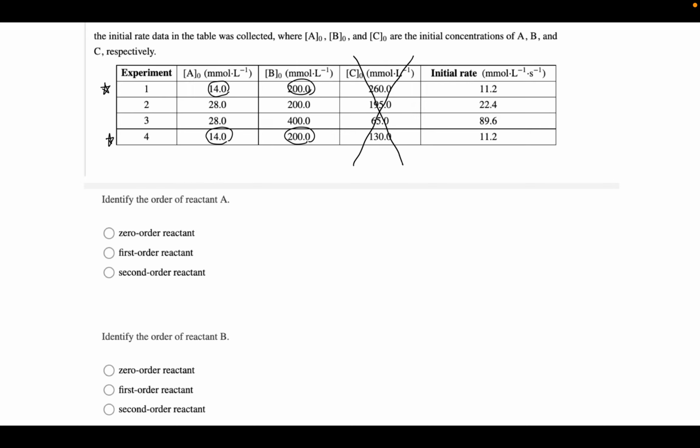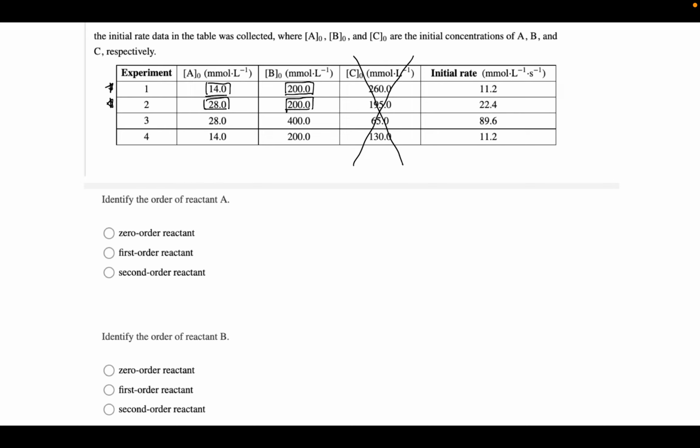Okay, so now let's deal with A and B. Let's compare 1 and 2 first. When B stays constant, when we increase the concentration of A by two times, that's comparing experiment 1 and 2.